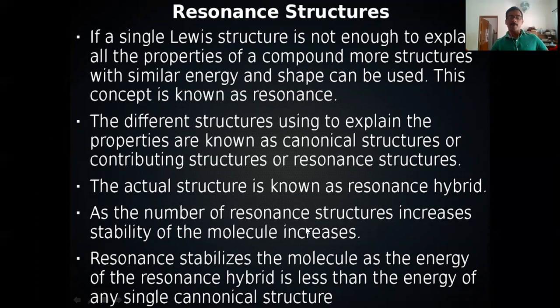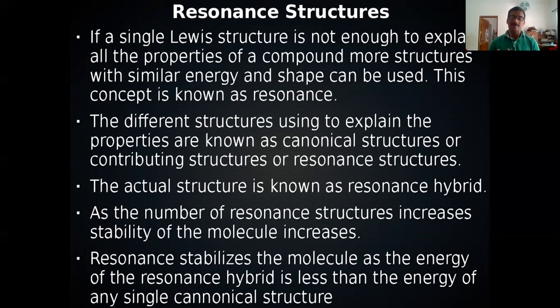As the number of resonance structures increases, the stability of the molecule increases. If you need many such structures to explain the properties of a single compound, its stability will increase. So stability increases with an increase in the number of contributing structures or resonance structures.